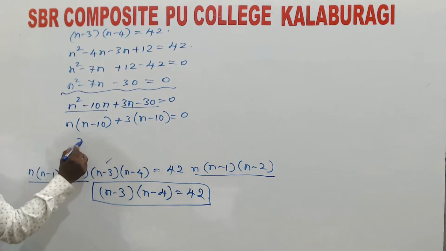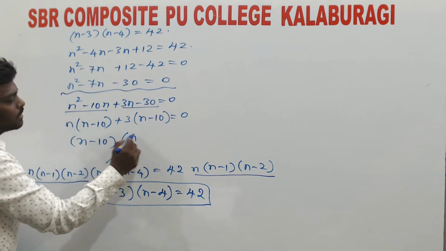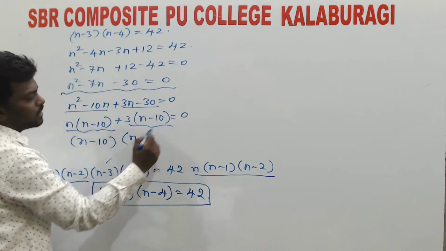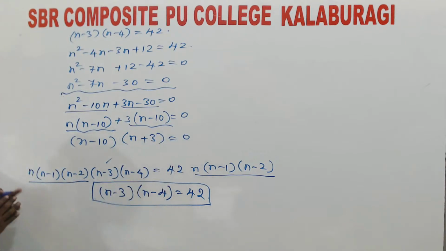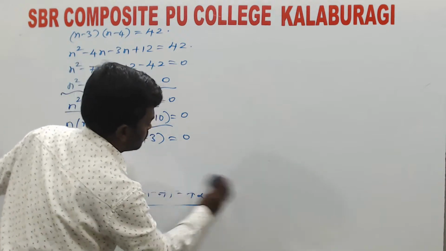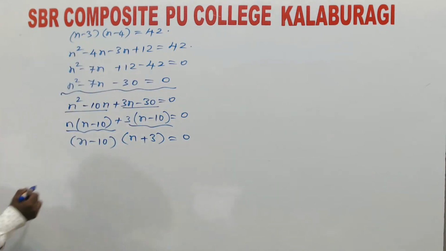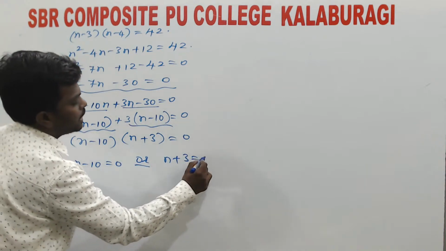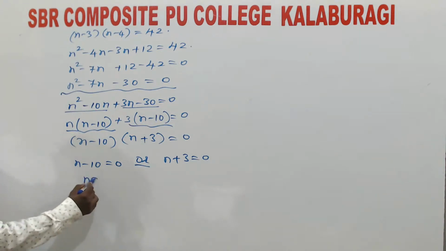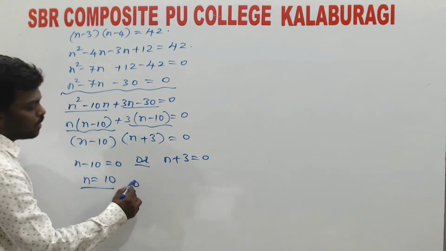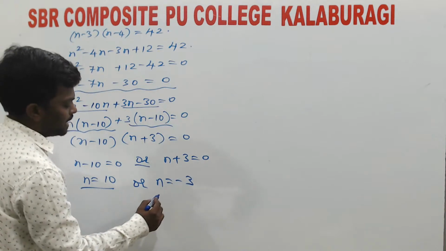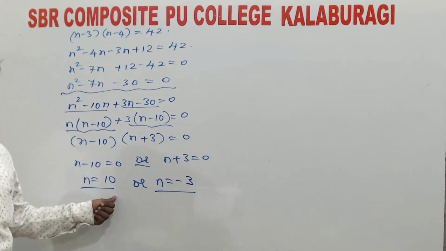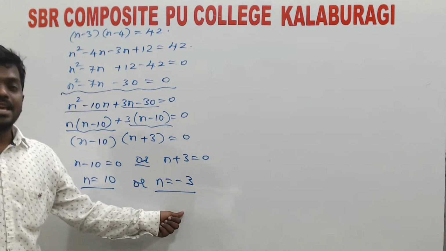Now n minus 10 can be taken common. From the first part n is left, and from the second part 3 is left. So n minus 10 equal to 0 or n plus 3 equal to 0. So n is equal to 10 or n equal to minus 3. The value of n is either 10 or minus 3.